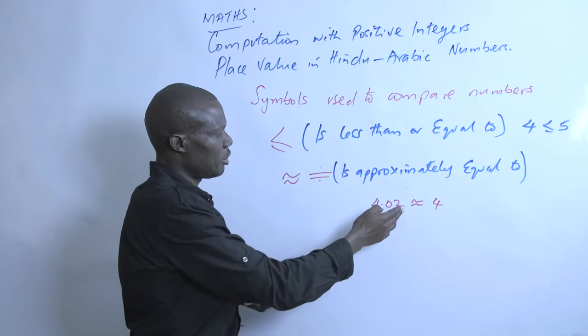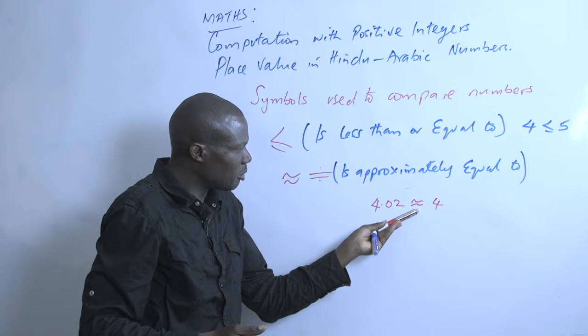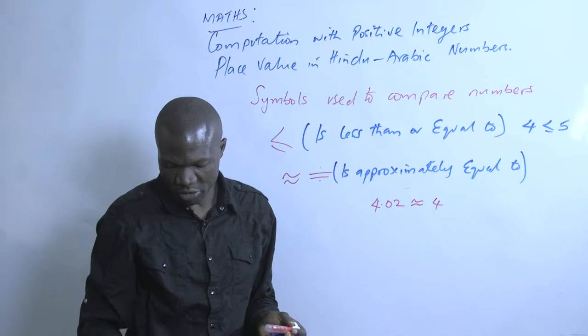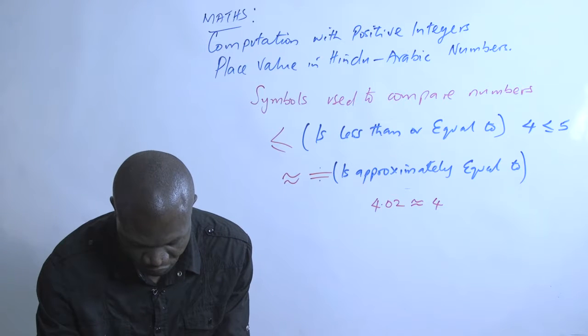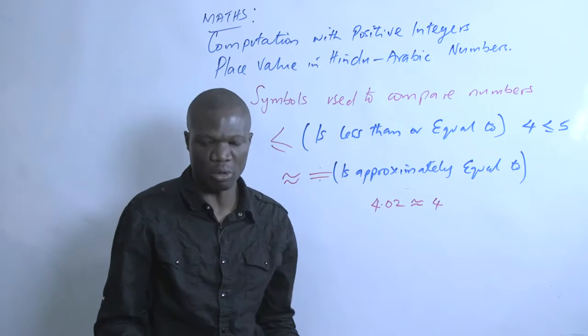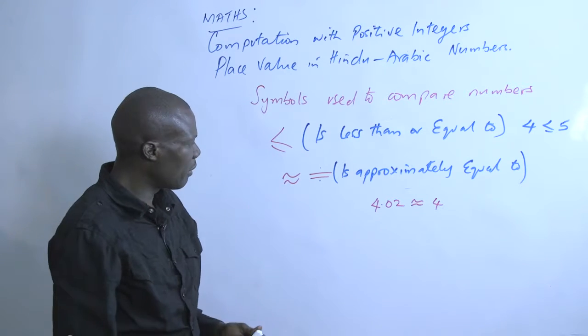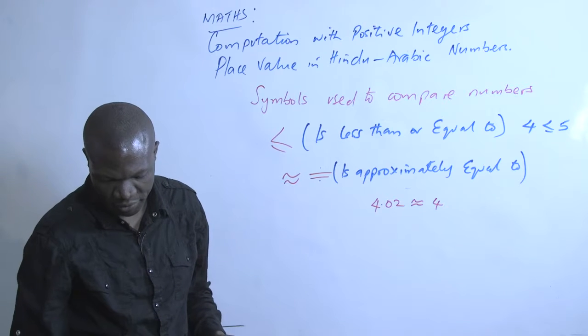So 4.02 is not exactly 4, but it is approximately equal to 4. So those are mostly the signs that are commonly used when we are comparing the numbers.